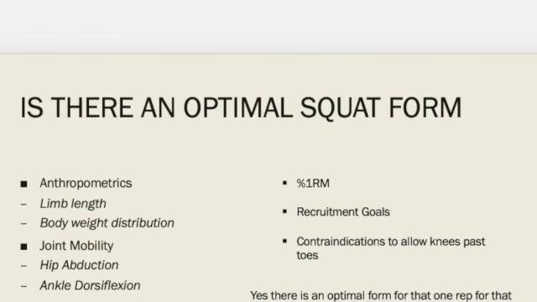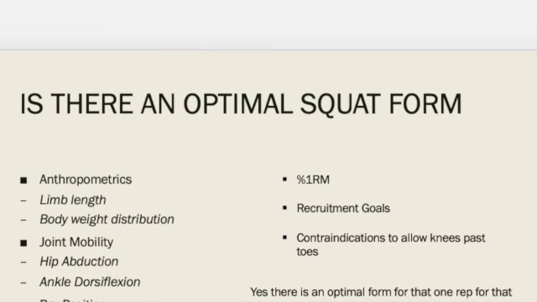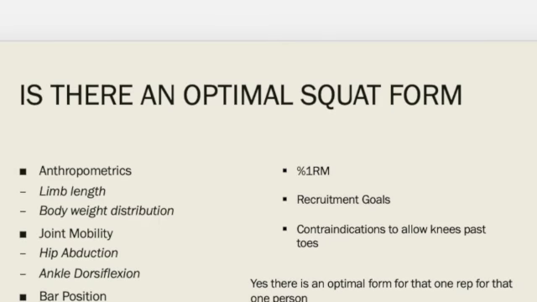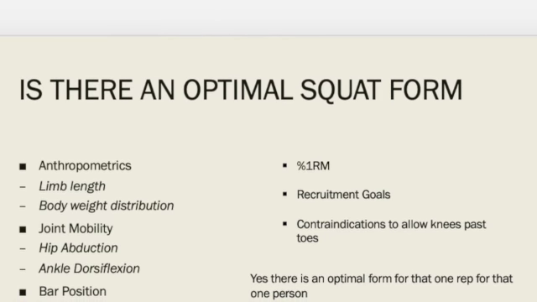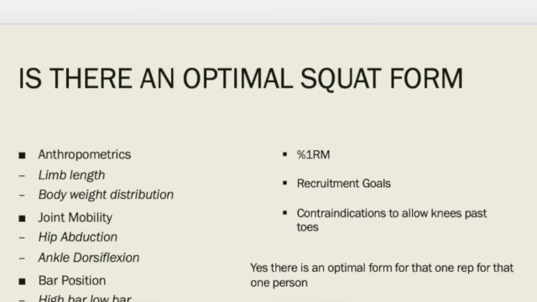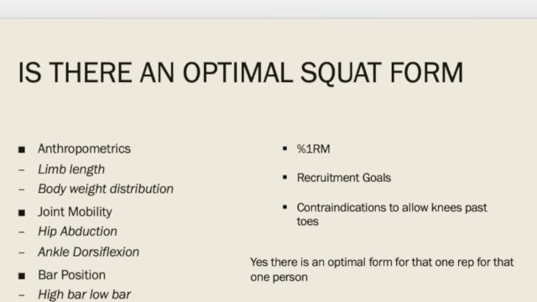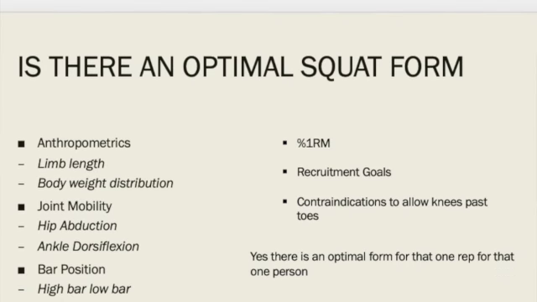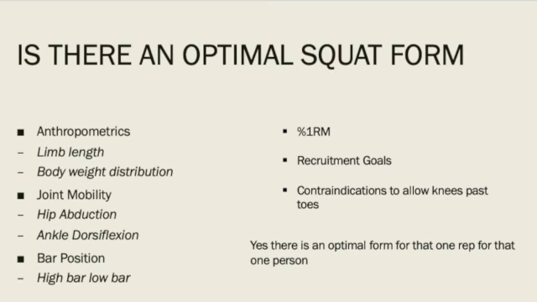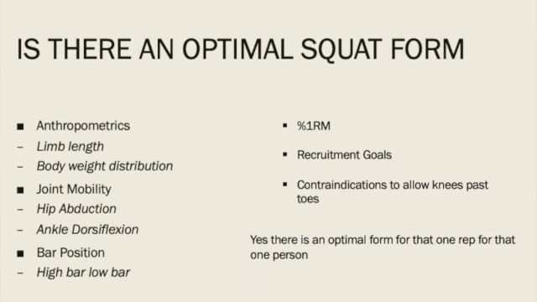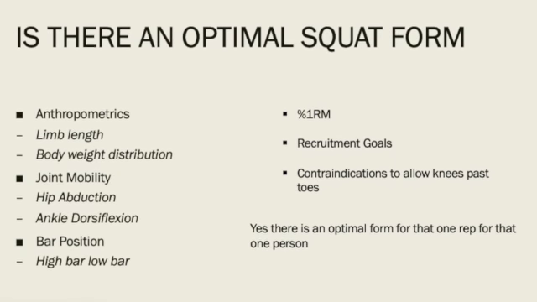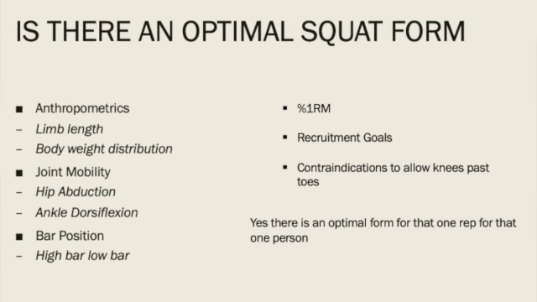So finally, as a final statement to answer the question, is there an optimal squat form? Yes, for your specific anthropometrics, for example, your femur length and your body weight distribution. If you have very specific joint mobility, hip abduction ability, and that kind of gets into femur length too. People will abduct more for longer femurs so they don't have to lean forward.